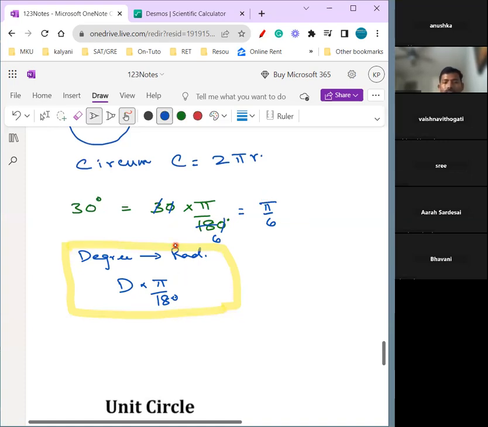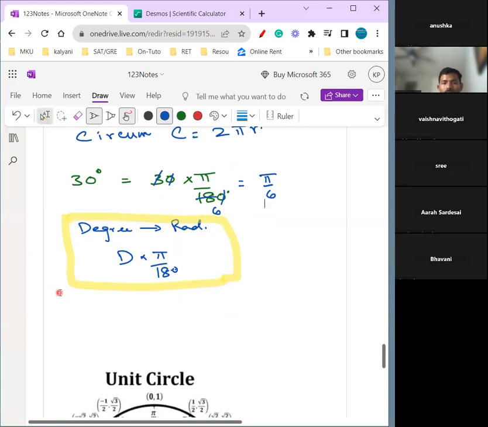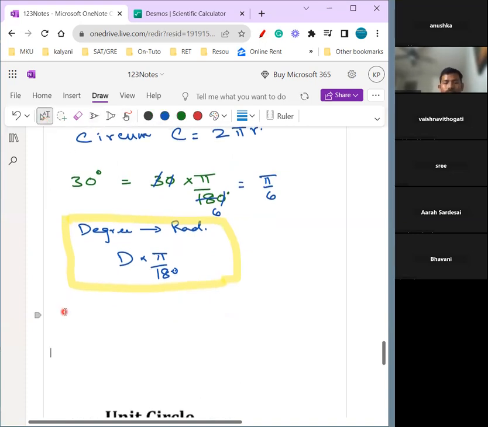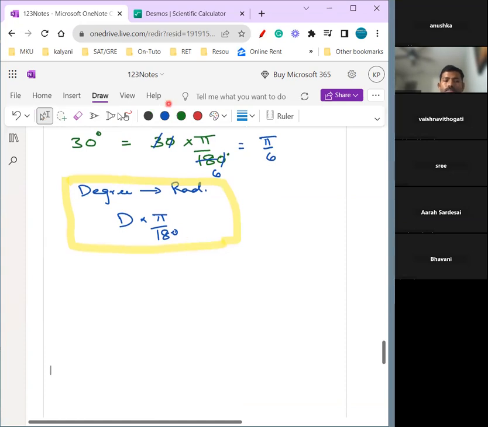And let's do some little practice. I want to slow down a little bit, because I know some of you guys are not there yet. So, okay, let's practice it. 45 degrees, convert this 45 degrees into radians and give me the answer. Try. 45 degrees to radians.